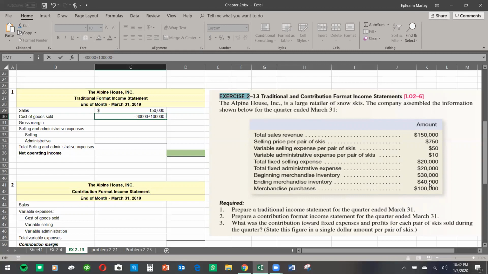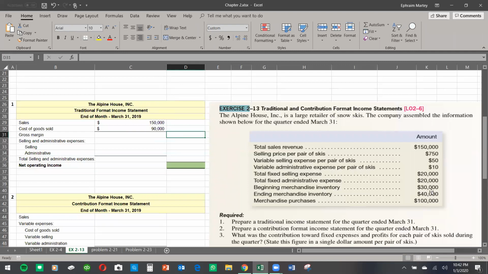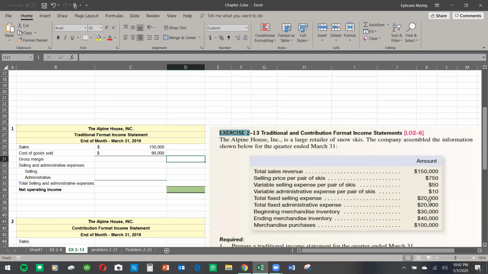So we subtract the $40,000, and that is our cost of goods sold. Meaning we had $30,000 of merchandise, and then we bought $100,000. That makes it $130,000. But at the end of the period, we have $40,000 left. That means we sold $90,000.